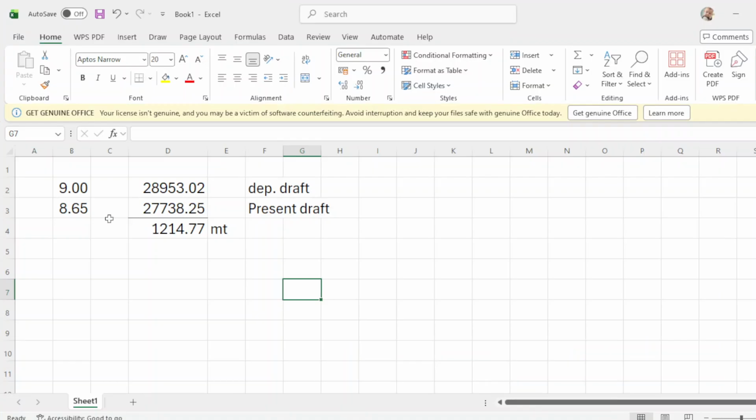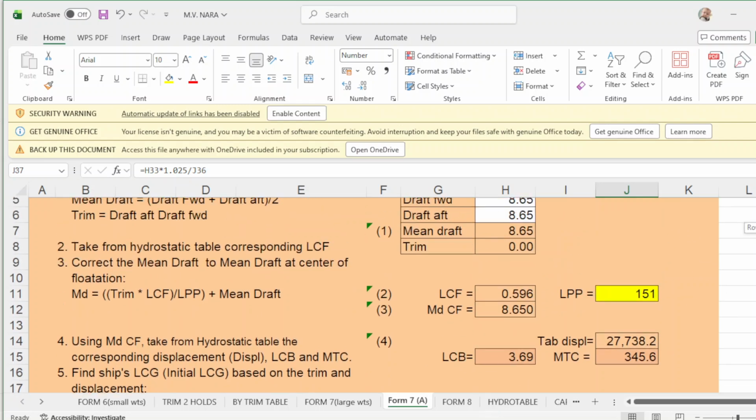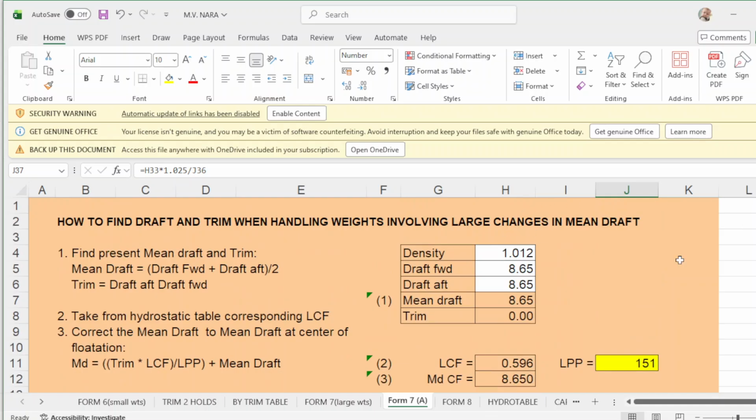27386. So the same, 386 according to the program here. Your drop should be 27386, floating at a density of 1.012.